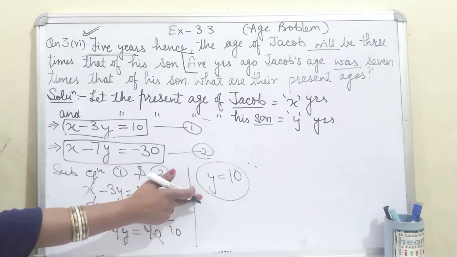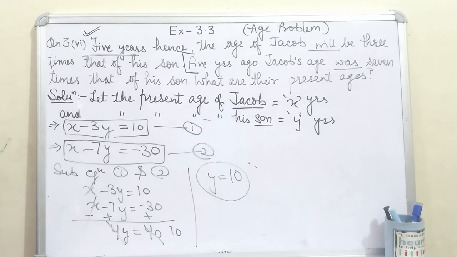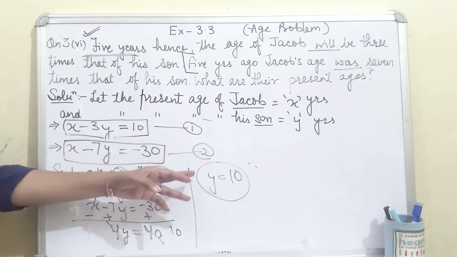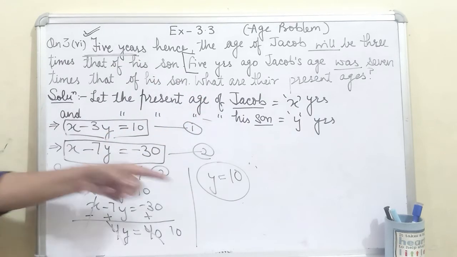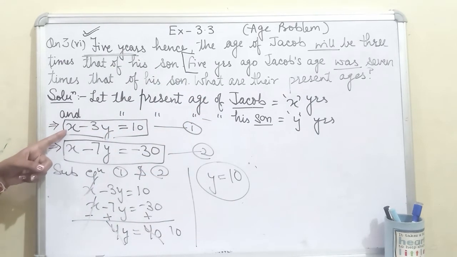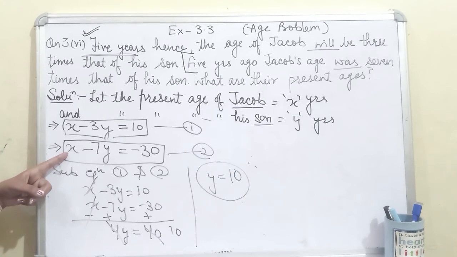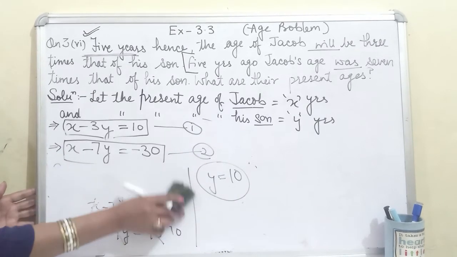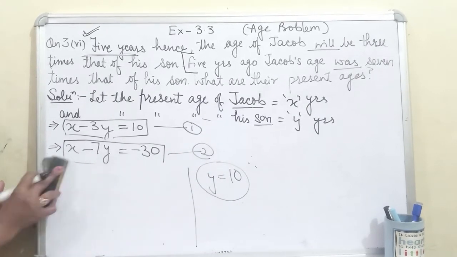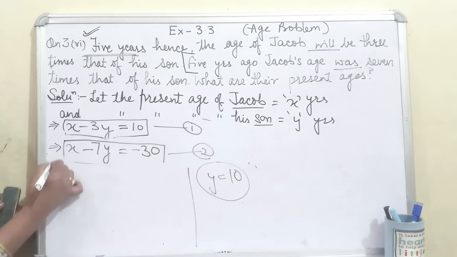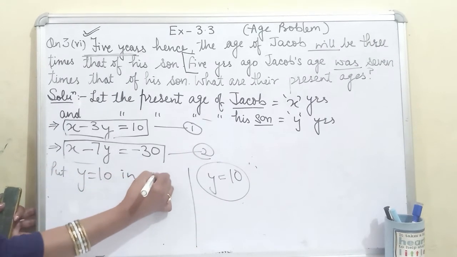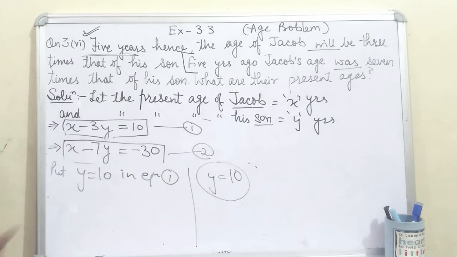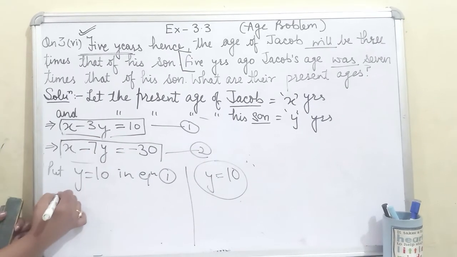Now I have the value of his son's age, that is 10 years. But I want to get Jacob's age also. So what should I do? I have to put this value either in equation number 1 or in equation number 2. Whichever you find easy, you can do that. So I'm putting y equals 10 in equation 1.